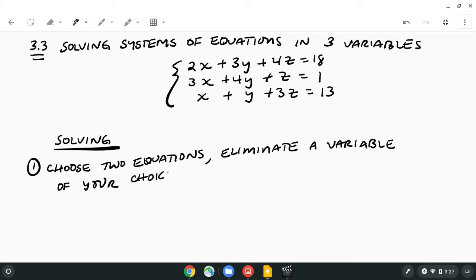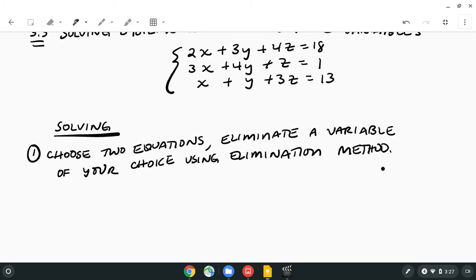Okay, and you're going to use the elimination method. You're essentially going to be doing this first step twice.